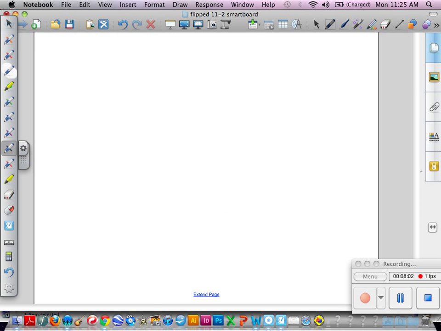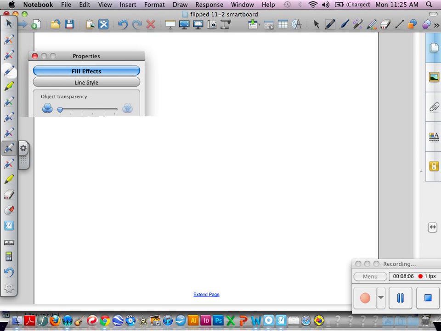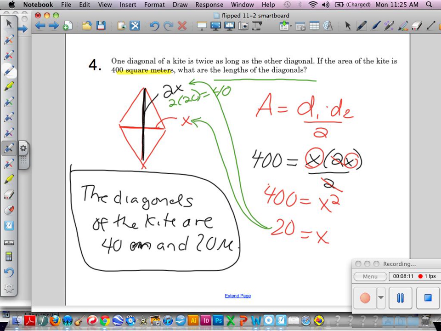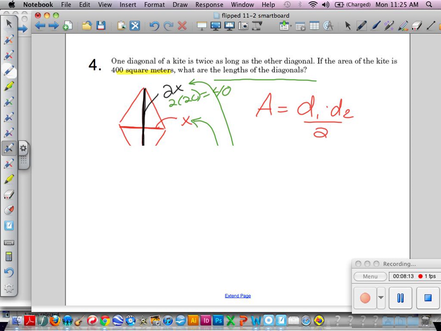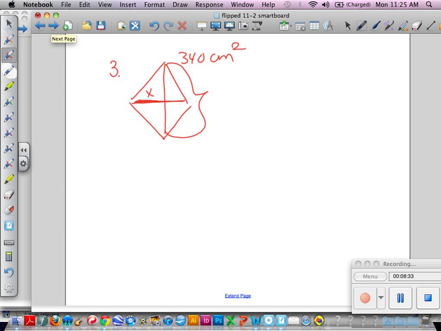See here, are we missing a problem, people? On our last one, I don't have it drawn. I missed number 3. Let's draw that real quickly. You've got 340 centimeters squared, and they have this picture, and this is your X, and then they have this diagonal is 20 meters.